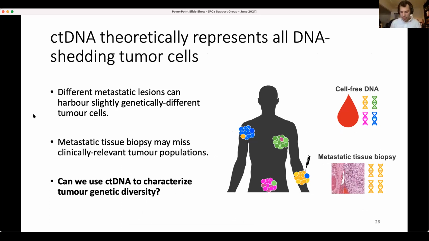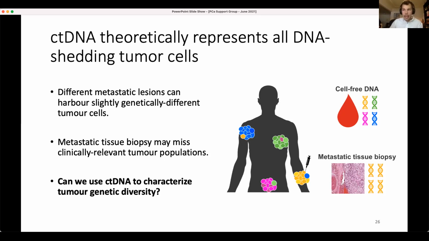In patients who develop metastatic prostate cancer, of course, the different metastatic lesions all come from the same original tumor. But as the disease responds and resists the therapy, the different metastatic lesions actually develop slightly unique genetic alterations and indeed become a little bit different populations over time.